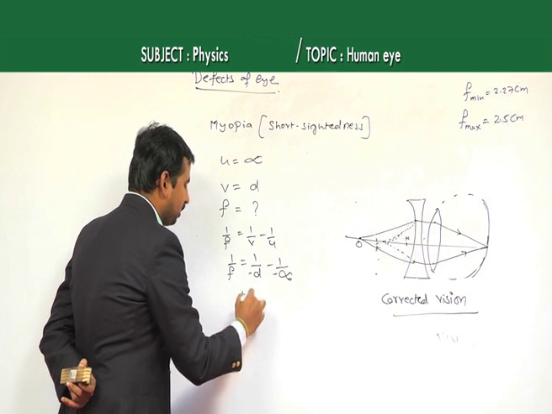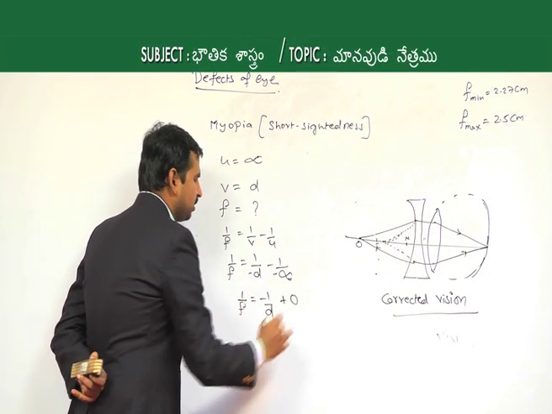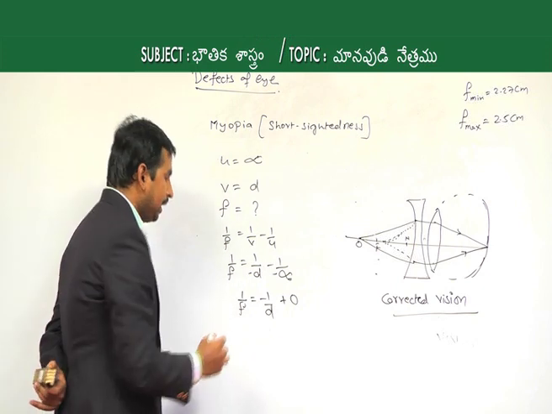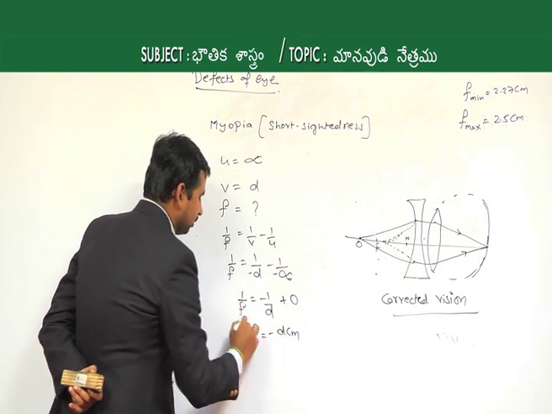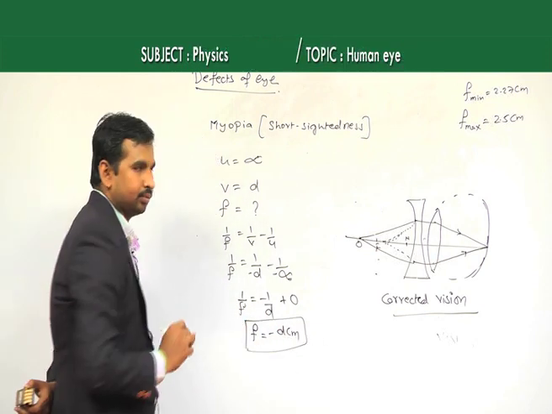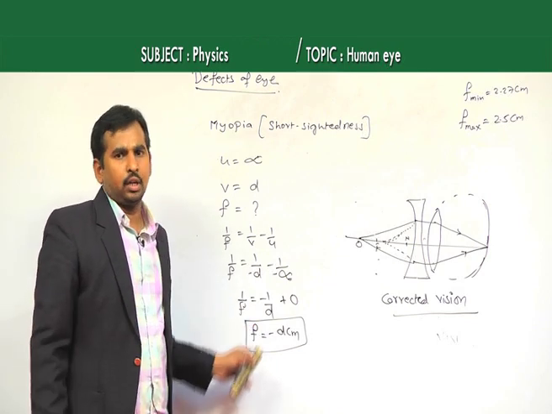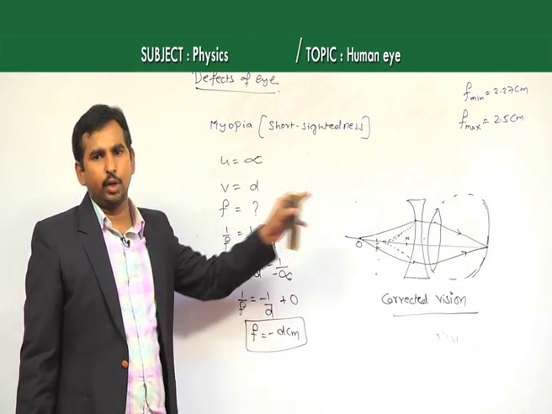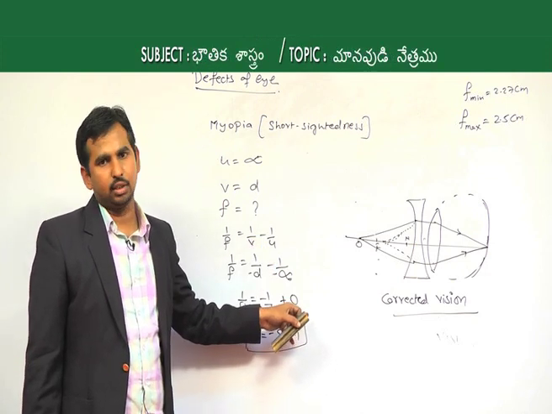Then 1 by f is equal to minus 1 by d plus 1 by infinite, which is 0. Then f is equal to minus d centimeters. This is the focal length. So, the suggested focal length for the correction of the defect of myopia is f is equal to minus d centimeters.